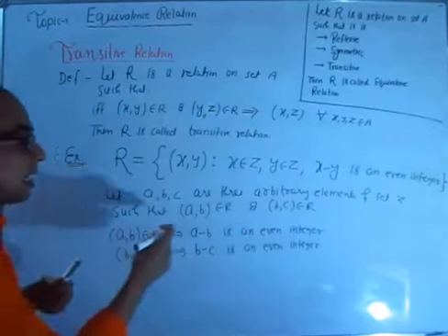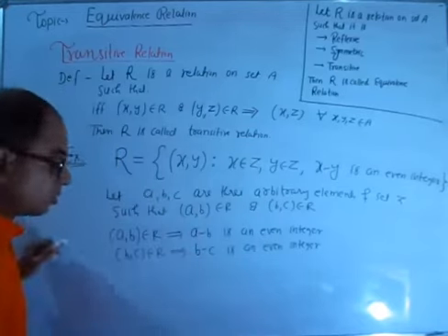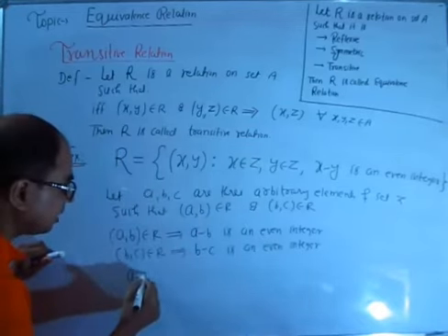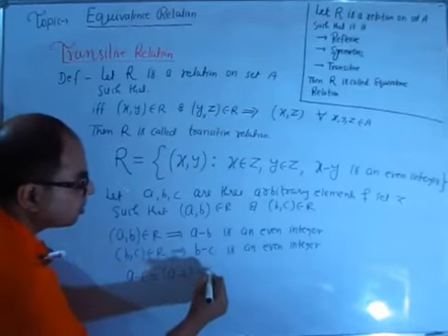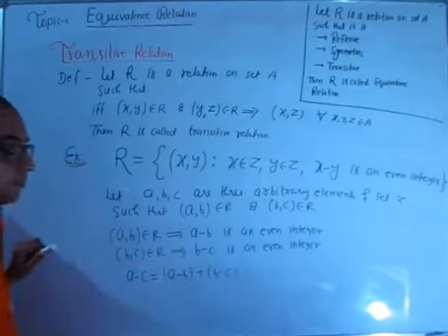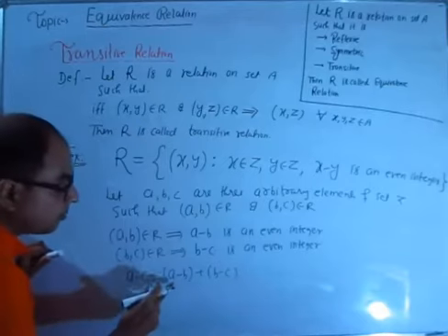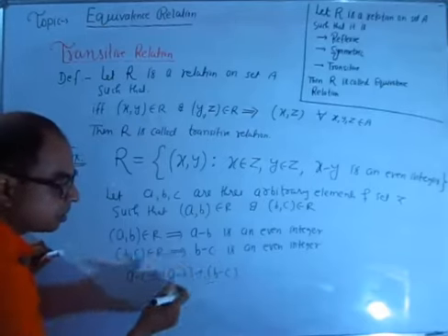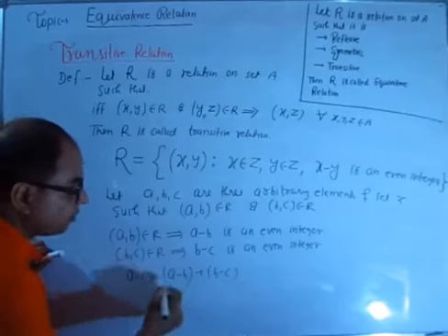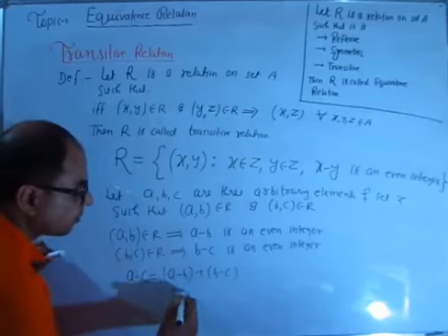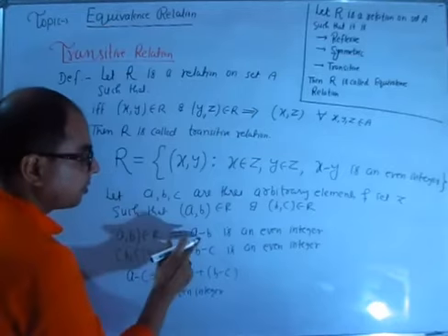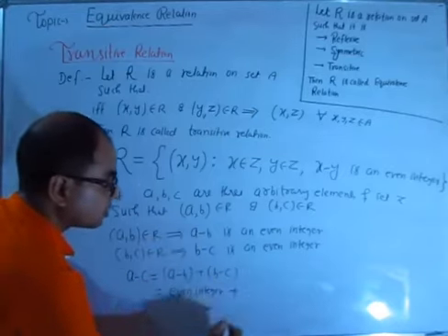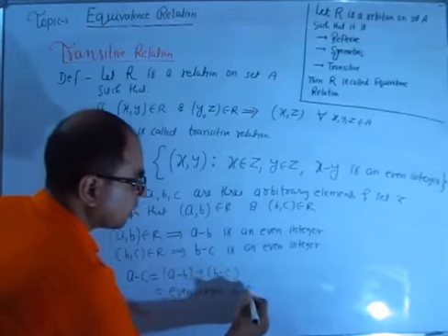Now we have to prove that A is related to C. So A minus C can be written as A minus B plus B minus C. Can we write like this? Now minus B and plus B will cancel, so it is equal to A minus C. Now A minus B is an even integer, plus B minus C is also an even integer.